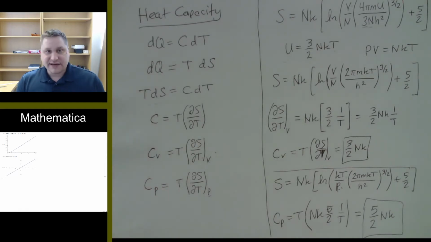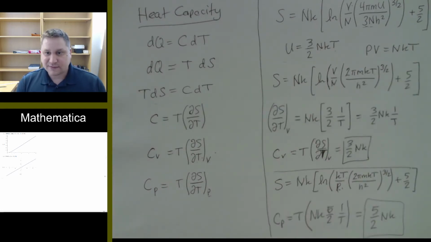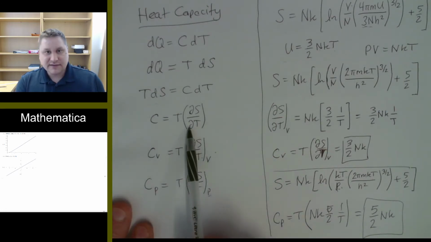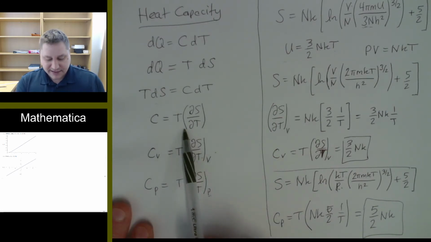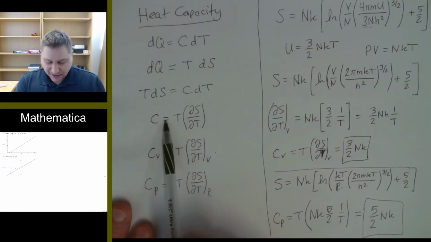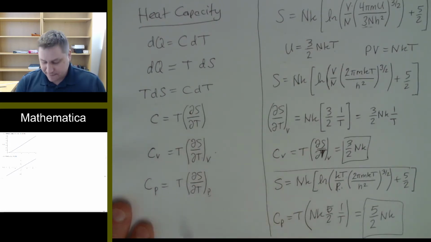Okay, so I think that's a neat way to do it. You can apply this to any system where you know the entropy formula. If it's not clear whether there's a volume or pressure involved, you can always just take dS/dT and multiply it by T to get the heat capacity of some type, right?